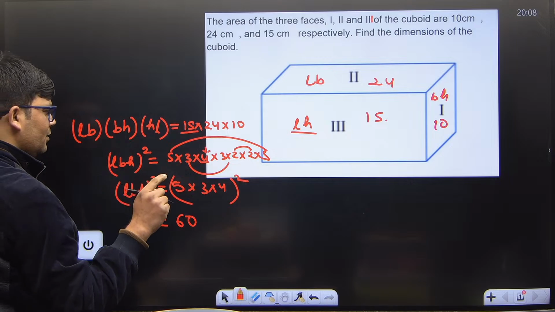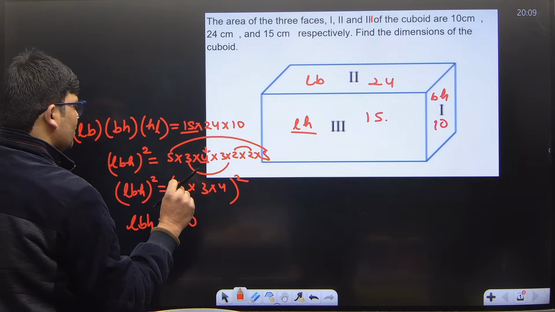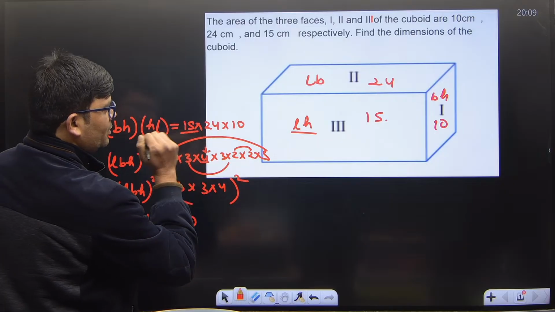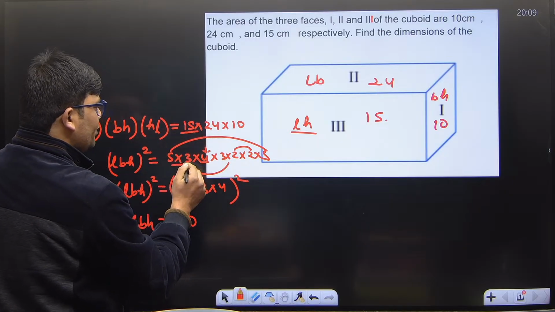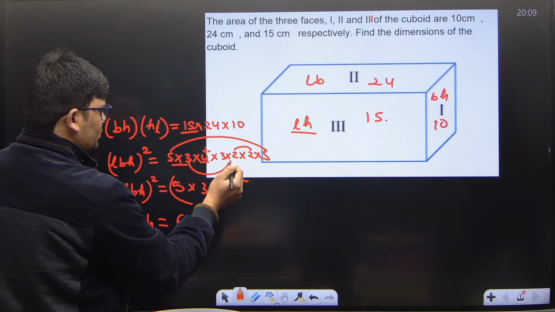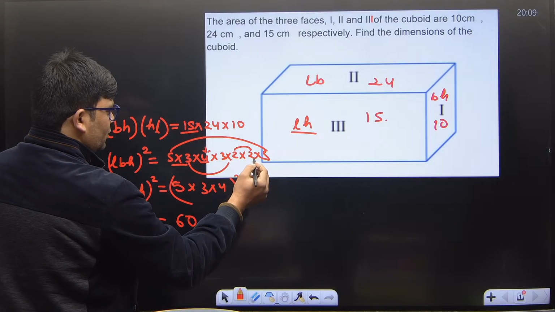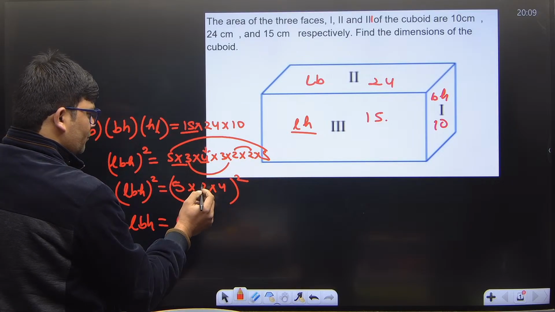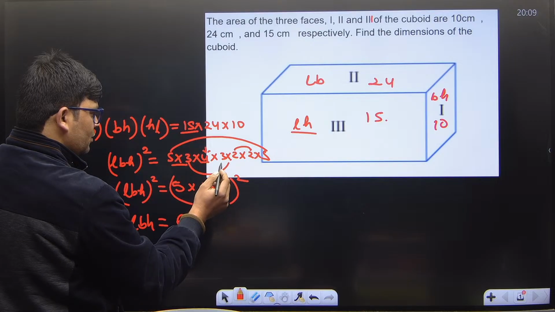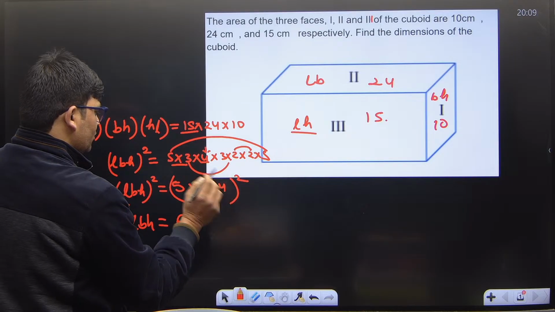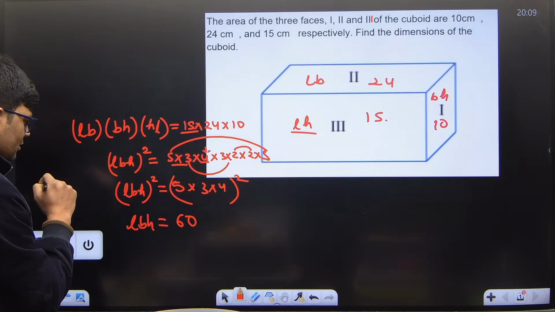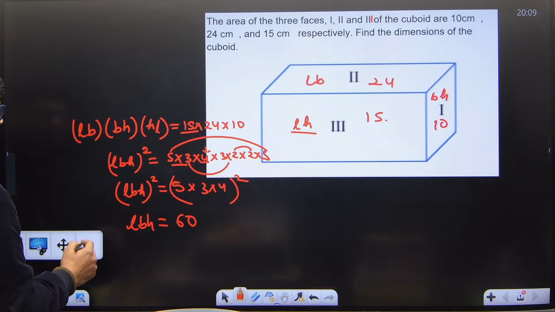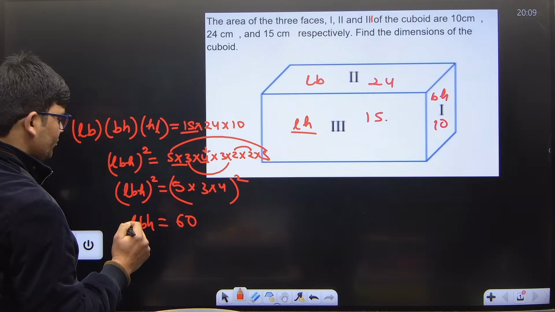Did I miss anything? 15 times 24 times 10, 5 into 3, 4 times 3 into 2 into 5. 5 times 3 times 4 is 60, so LBH is 60, and BH is 10.